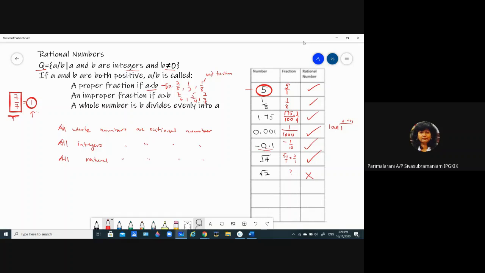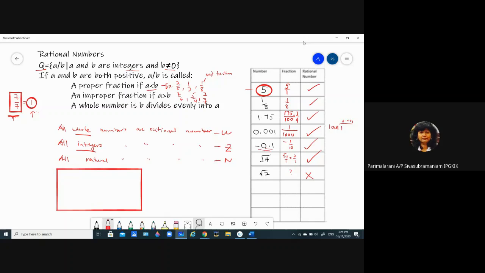So if Q represents rational numbers, and whole numbers are represented by W, what's the letter that we normally use to represent integers? Z, and natural numbers, N. If we give these letters to these kinds of numbers and we want to show their relationship, we can draw a Venn diagram.